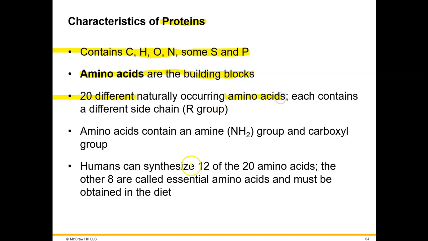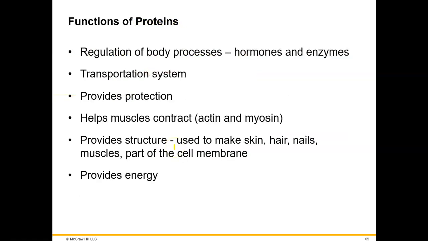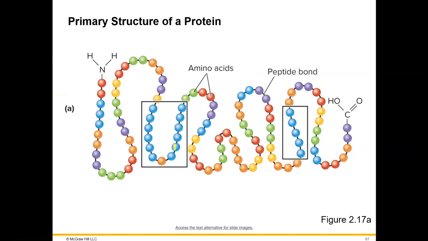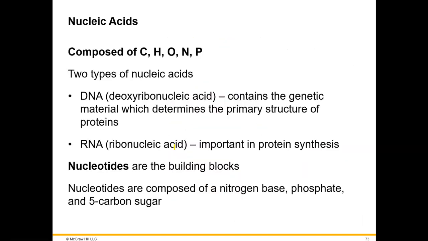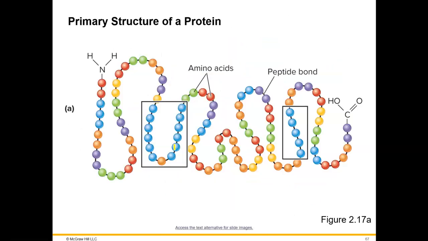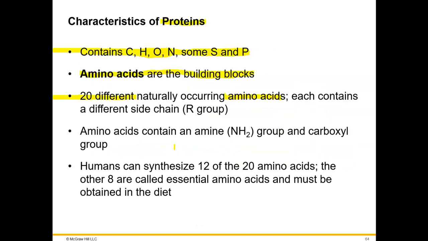I was going to see if there's a picture of an amino acid, but I guess not. Okay, so an amino acid is going to contain basically a central carbon, and that carbon is bonded to an amine group, a carboxyl group, and an R group.